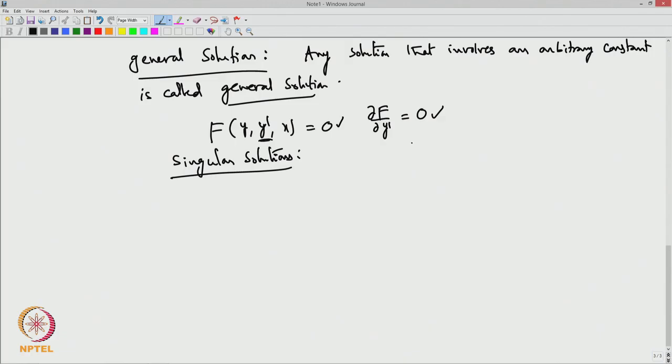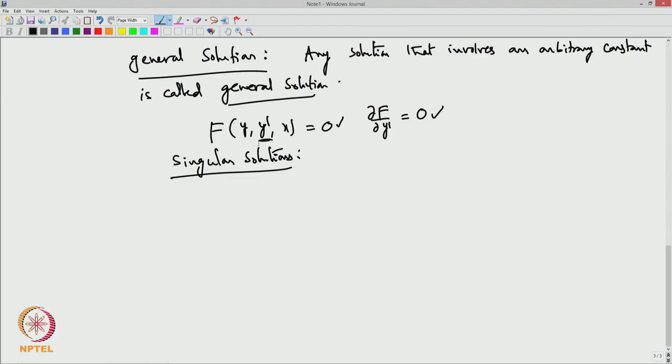That is a curve, and that curve is called a singular solution. Okay, that is one way. But if the envelope exists, that is the solution. Then if you solve these two equations, you can expect to get your envelope, that is a singular solution.